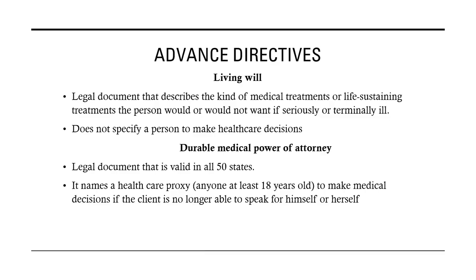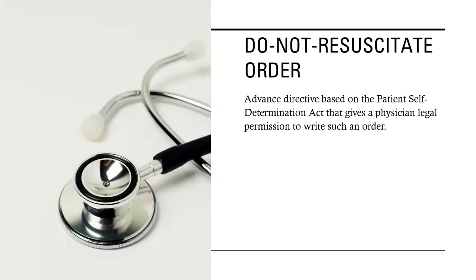It names a person, anyone at least 18 years of age, to make those medical decisions for them. The living will does not specify a person, but the medical power of attorney does specify a person to make those decisions for them. And the do not resuscitate order, an advance directive based on the Patient Self-Determination Act, gives a physician legal permission to write such an order.